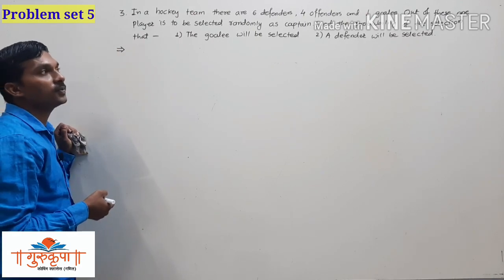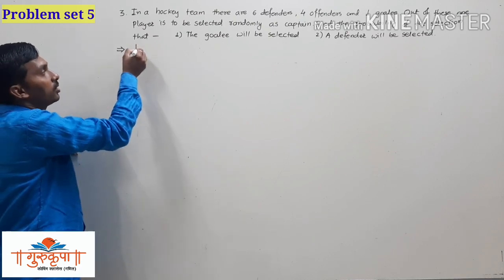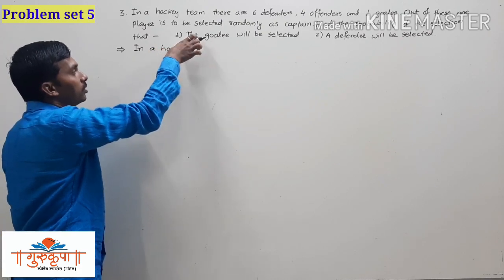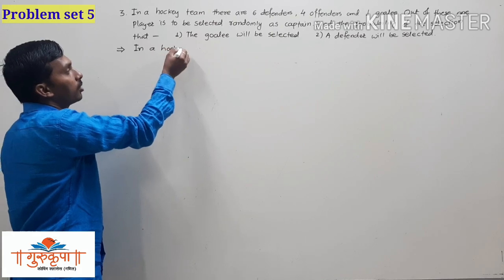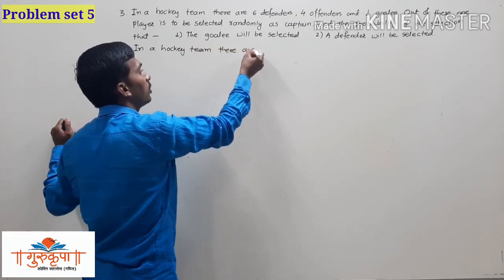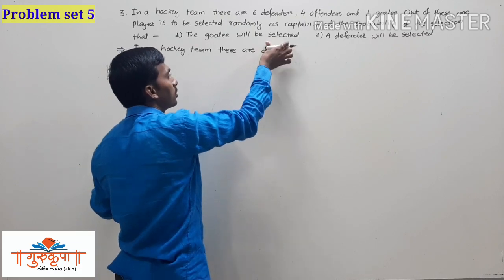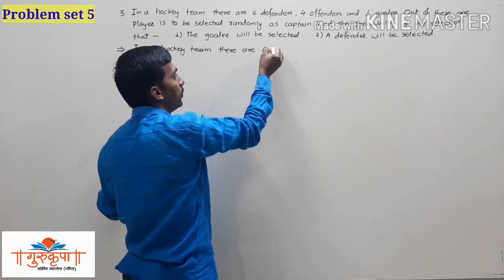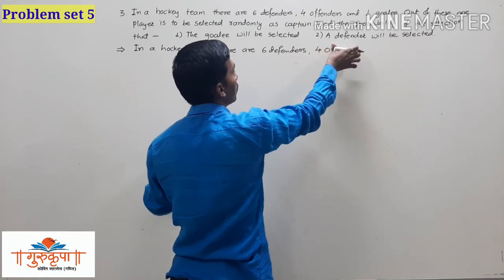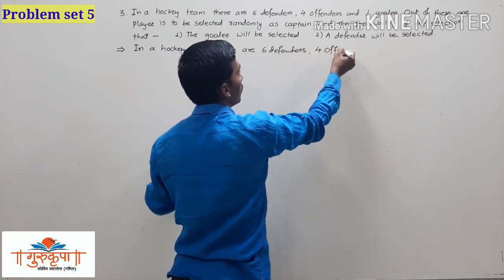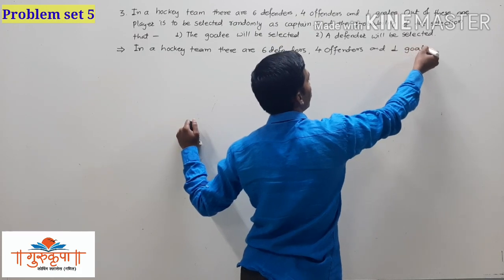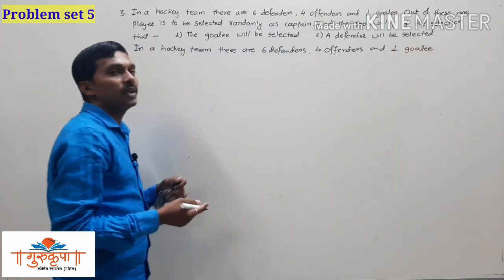In a hockey team there are 6 defenders, 4 offenders and 1 goalie, that is, 1 goalkeeper. 11 players are there in a hockey team.